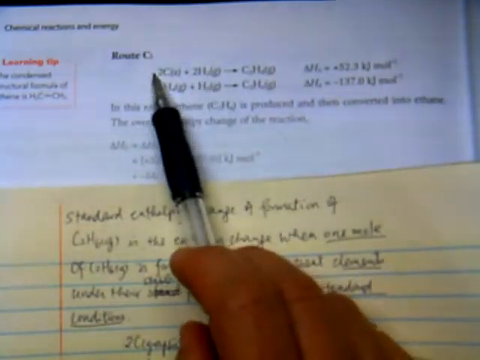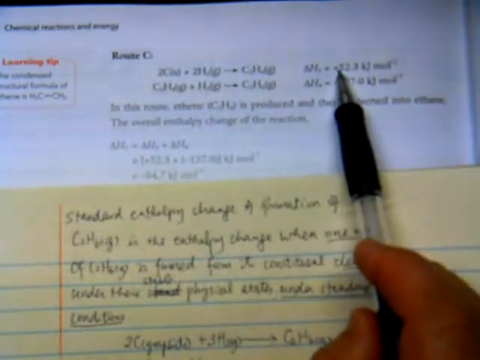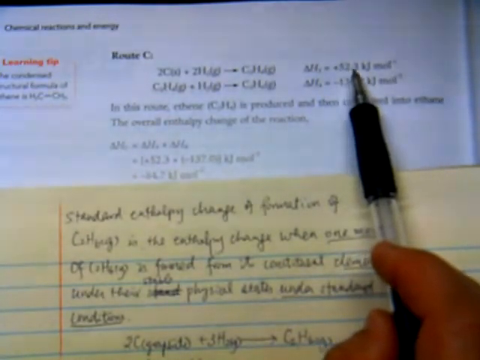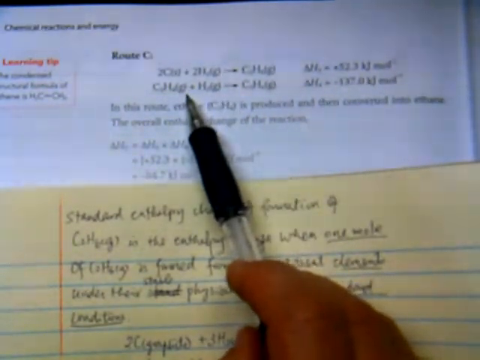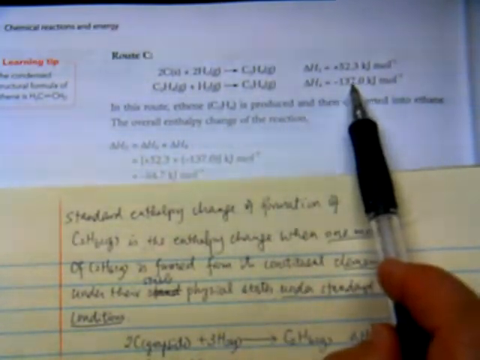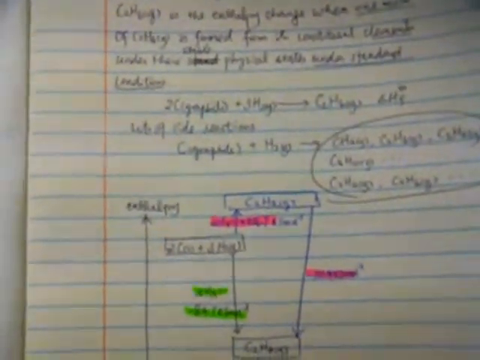The first step of route C is positive 52.3 kJ per mole. The second step is negative 137.0. Now I would like to draw these on the same diagram so that you can understand easily.